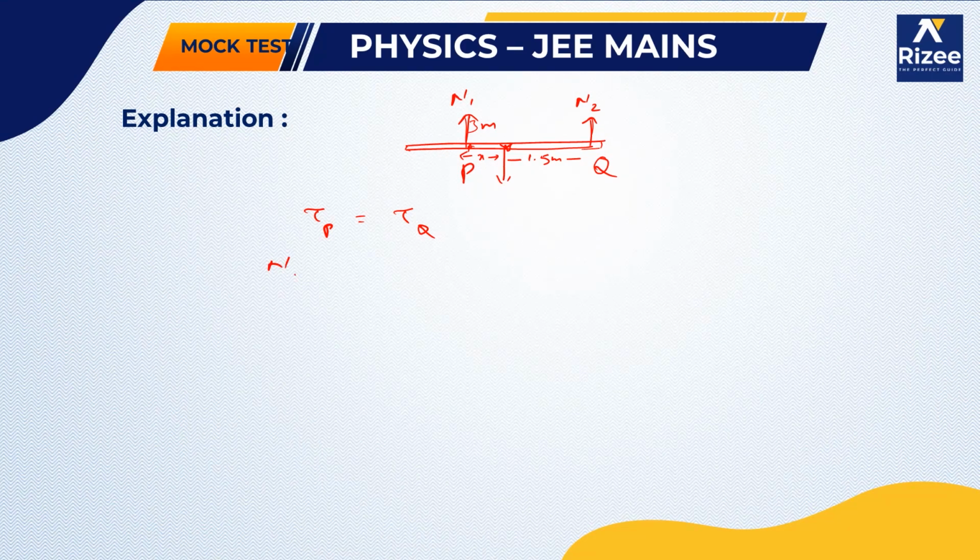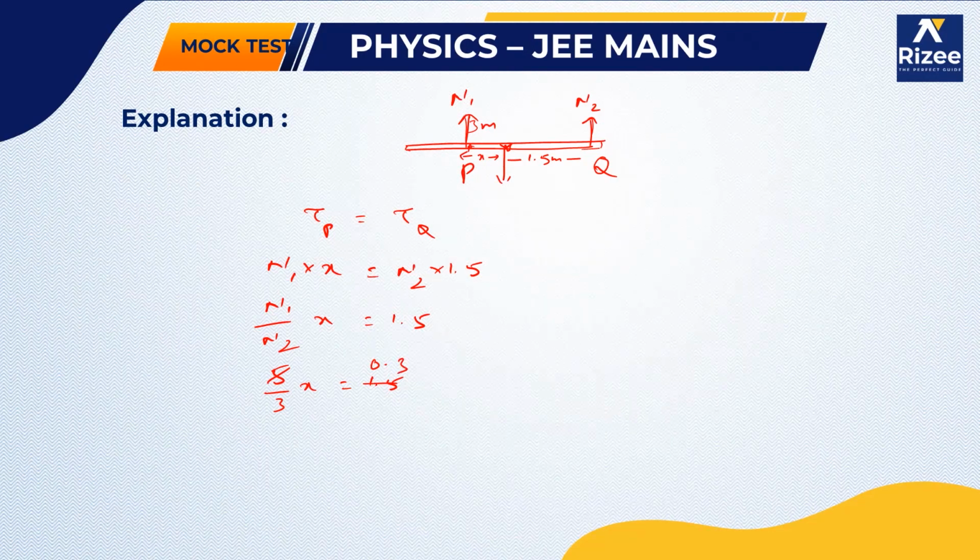So N1 into perpendicular distance x is equal to N2 into perpendicular distance 1.5 meters. So N1 by N2 into x is equal to 1.5. Given in the question, they are in the ratio of 5:3, so 5/3 times x is equal to 1.5. On cancelling, this will be 0.3 times, so x is equal to 0.9 meters.